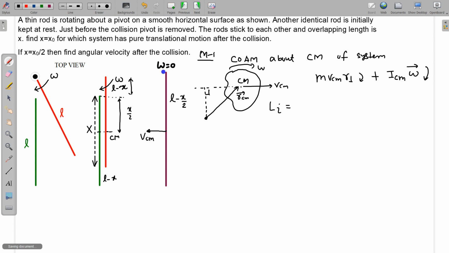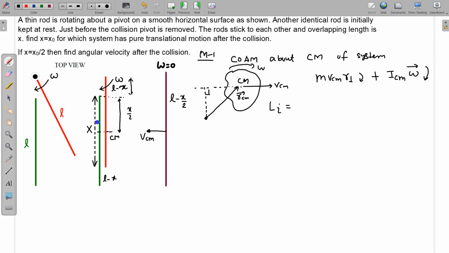Just after collision, the system is like a single rigid system, so we can write the angular momentum of this combination directly. But here we have to write the angular momentum separately due to the red and the green, because both are not a rigid system just before the collision.